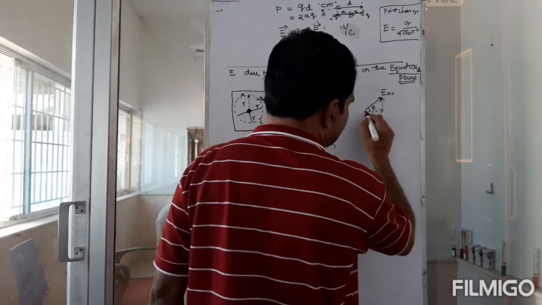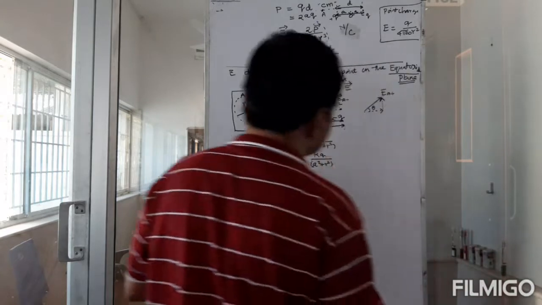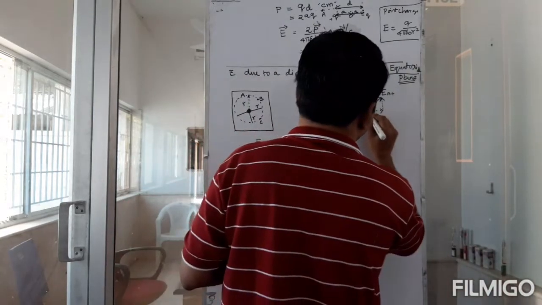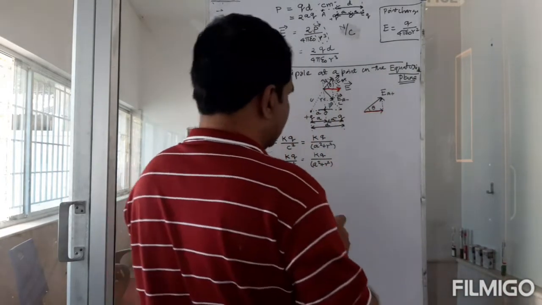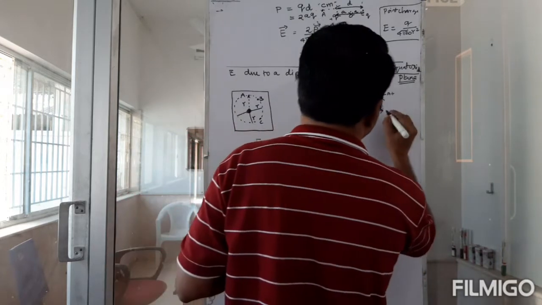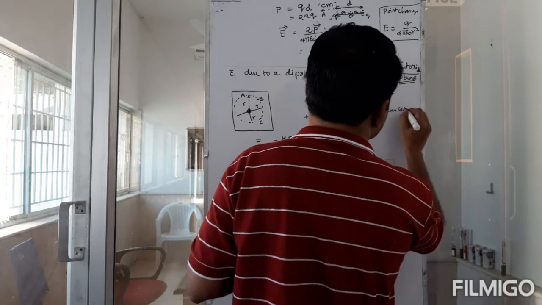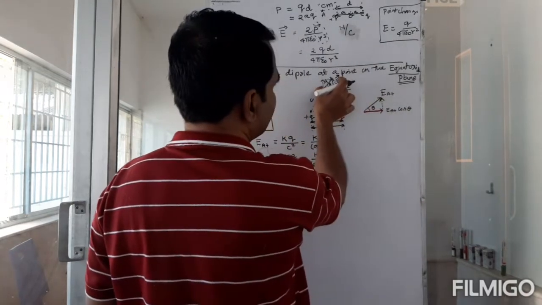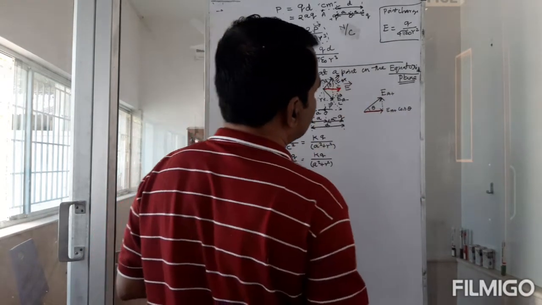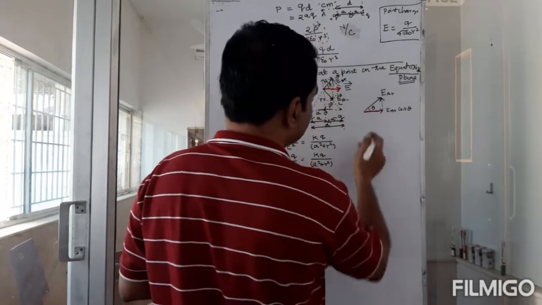I need this part, and that is EA plus cos theta, up till here. And what about the other part?